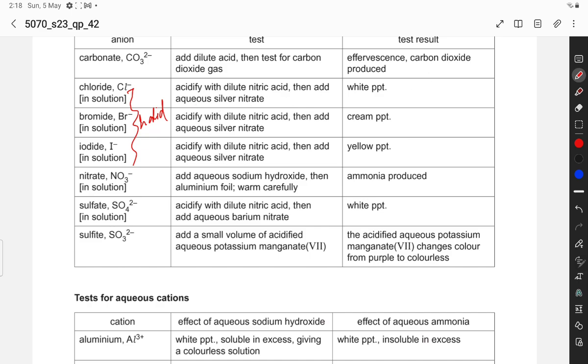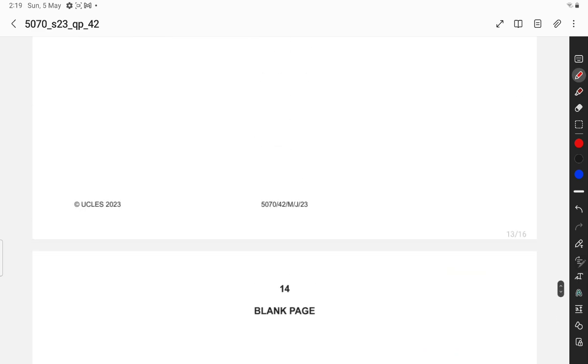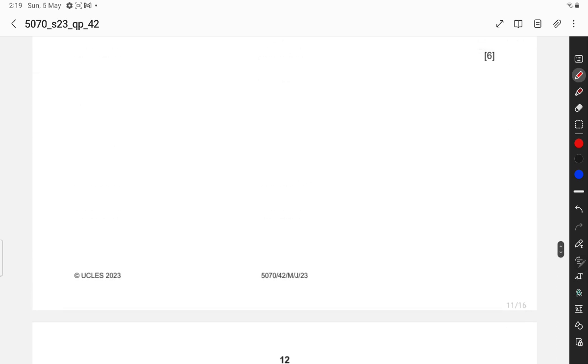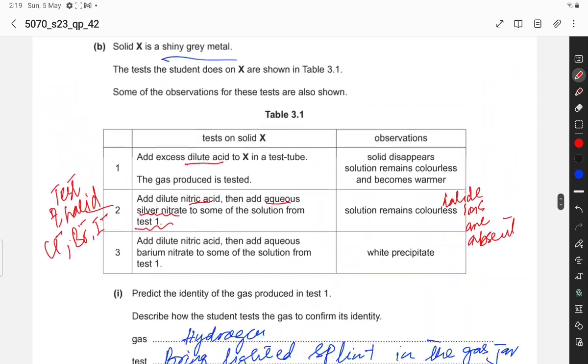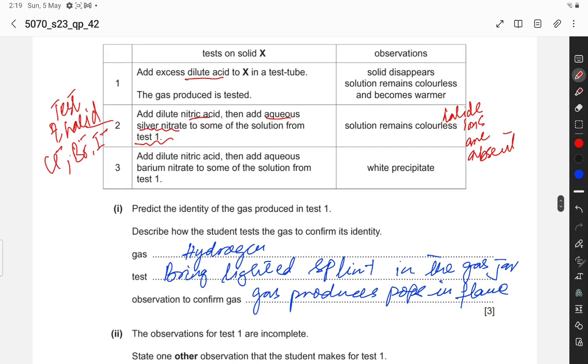If chloride ions are present, a white precipitate; if bromide ions are present, a cream precipitate; and if iodide ions are present, a yellow precipitate. There is no color change in this part, so halide ions are absent in this solution.